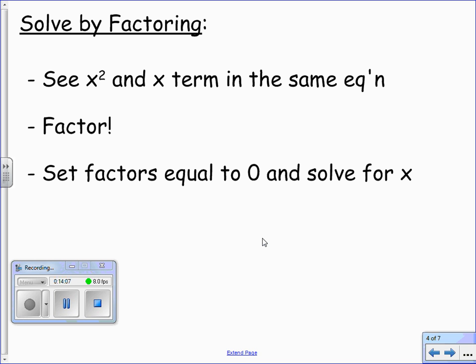So if we want our equation to equal 0, which is true if you go back to solving quadratics, we want to set our equation equal to 0 and solve for x. If we have 2 things that are multiplying to give us 0, then one or both of them has to be equal to 0. And that's why we set our factors equal to 0. Okay. So those are the steps to solve by factoring.